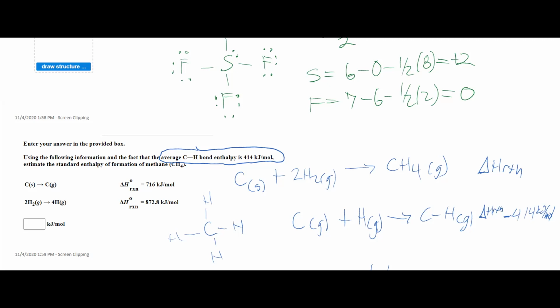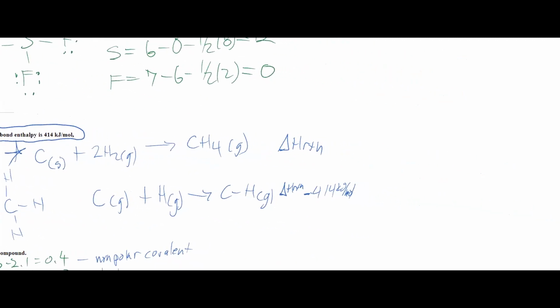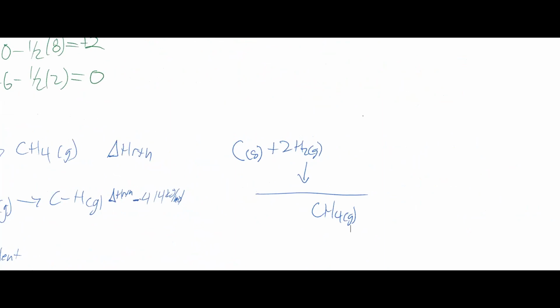So we want to start to piece together our process until we get something that looks like the reaction we're going for. I want to take that carbon and that hydrogen gas, and I'm trying to turn that into CH4. Well, I know CH4 is 4 bonds of a carbon to hydrogen.